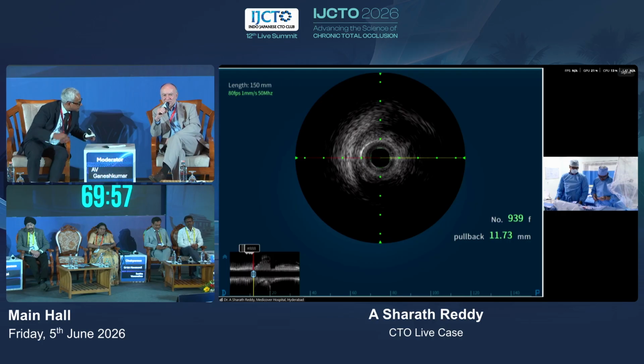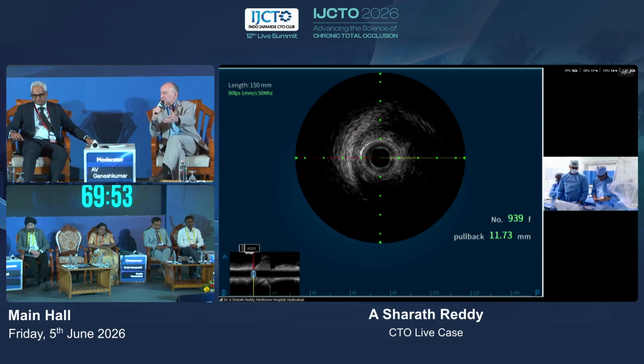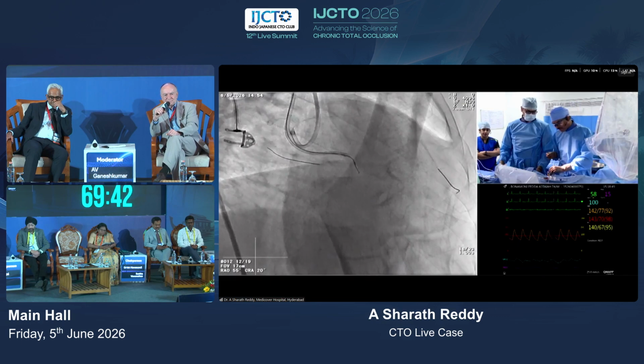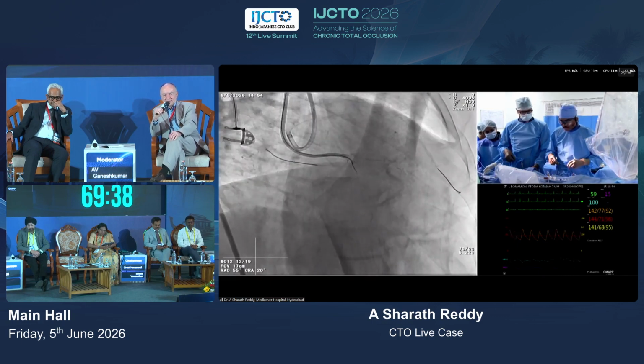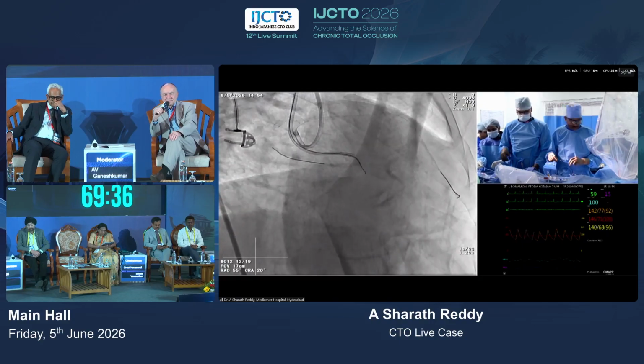Now let's show the... he can, I think, quickly pass the collateral now, and then we go to the other lab. So you have a Corsair XS? This is Turnpike LP, placed into the septal.